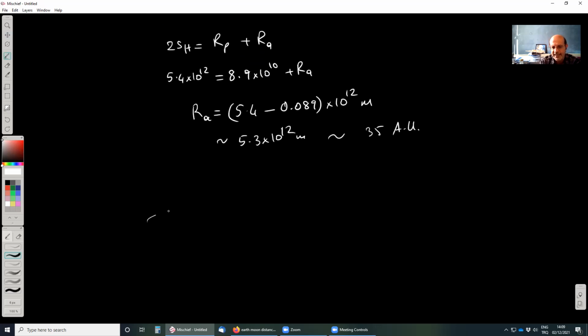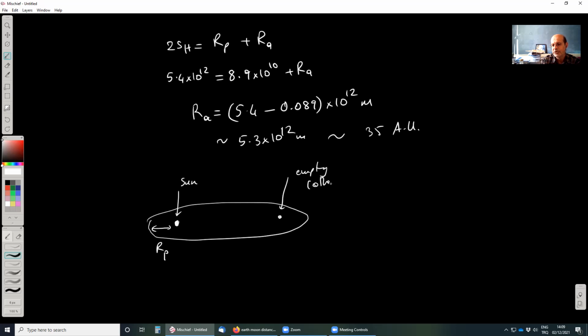So for eccentricity, I have to use the geometry of the ellipse, okay? So it's something like that. That distance is RP, right? In this focus, the sun is in here. This is the other focus that's empty, right?